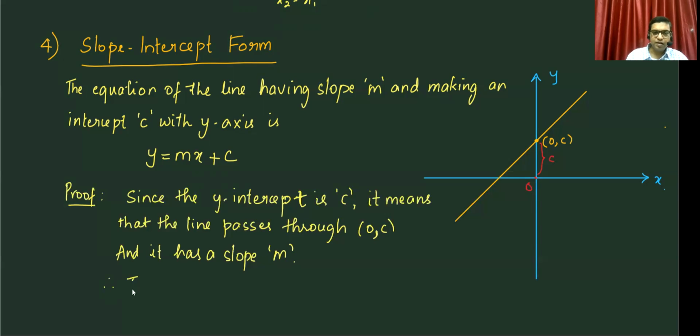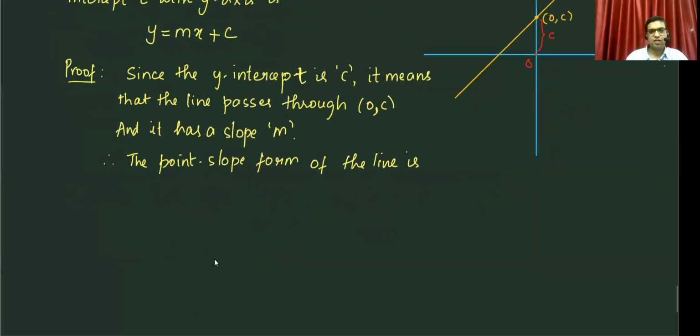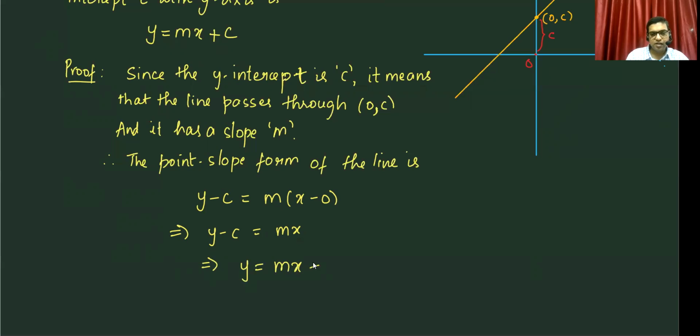Therefore, the point slope form of the line is y minus c is equal to m into x minus 0. So this gives y minus c is equal to m into x, which implies y is equal to mx plus c.